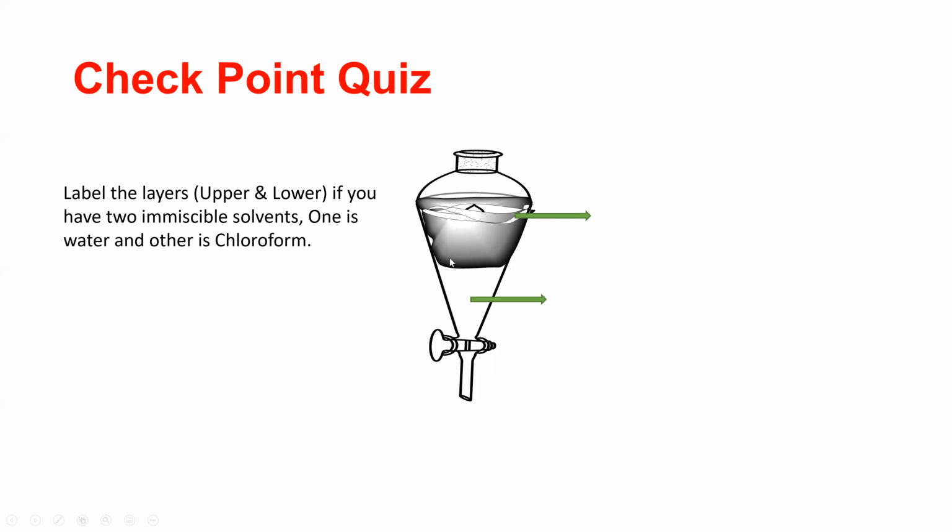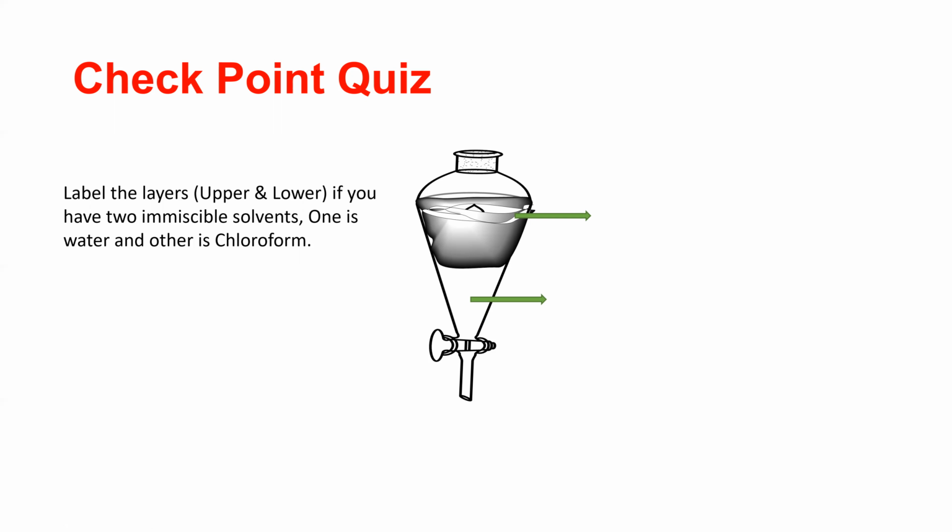And there is a grayish layer and there is a transparent layer. These are the two layers, and I have provided you the two immiscible solvents, which are water and chloroform. You just have to label on the basis of the density which is the upper layer and which one is the lower layer.